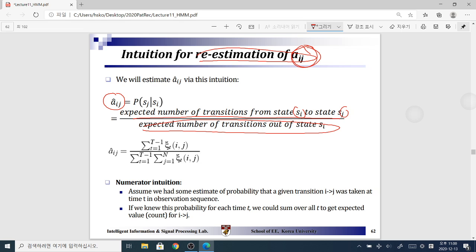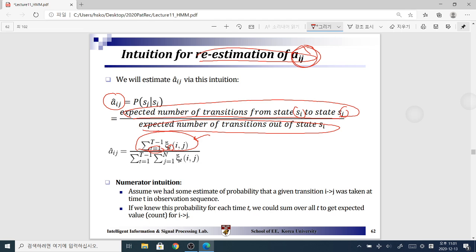can be computed by, for the numerator, the expected number of transitions from state i to state j, which would be essentially the sum of all of these state transition probabilities from, say, t equal to 1 to capital T minus 1. In other words, you do this for all of the time sequence.